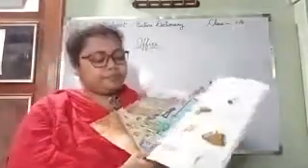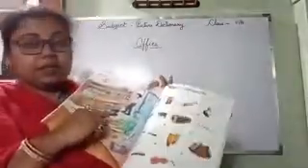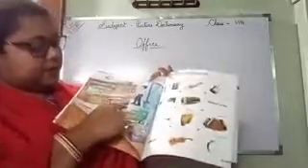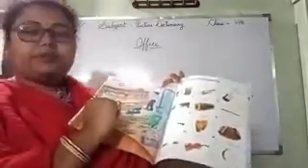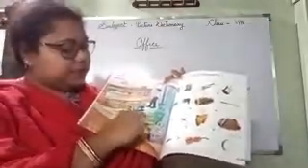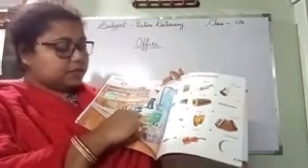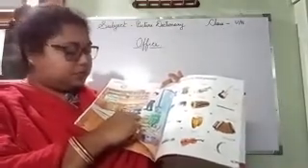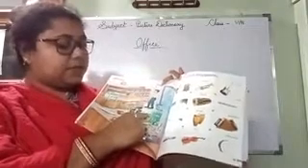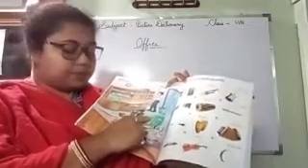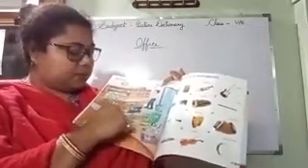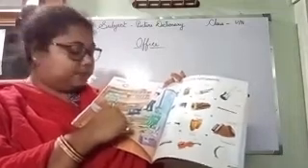Okay. Then see, there is a computer. This one is known as monitor. Then this one is known as keyboard. This one is known as mouse. This one CD.